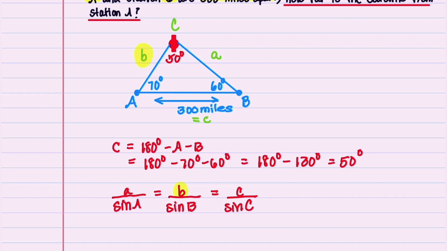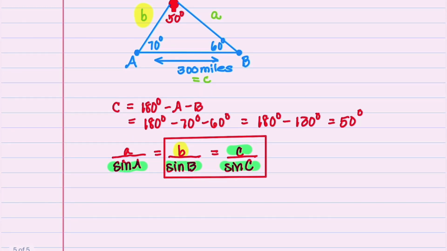We know angle A, so we can find sine A. We know angle B, so we can find sine B. And we know angle C, so we can find sine of C. And then we're given length C, so we know that one. This tells us that we're going to use this part of the formula to find our side length B.